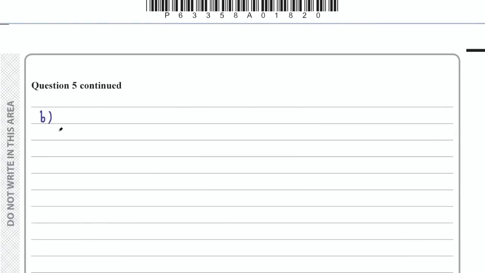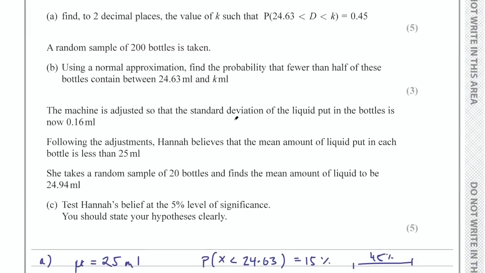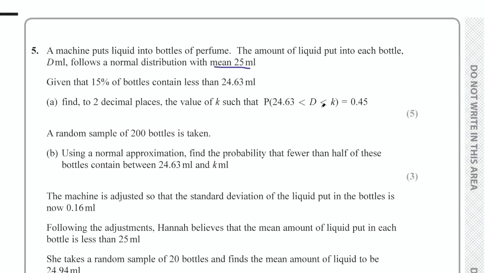So for part B then, firstly, let's state that we have a sample size of 200 and we have a probability of success, p, equal to 0.45. Remember the probability that the amount of liquid is between those two values was 0.45.